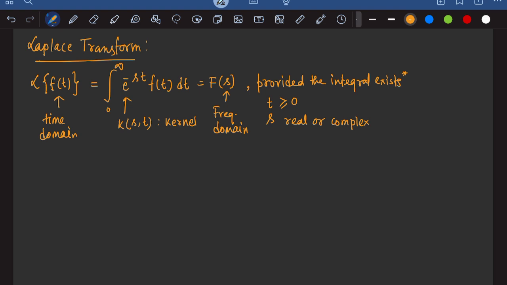Now there are many advantages because of which we are studying this Laplace transformation.